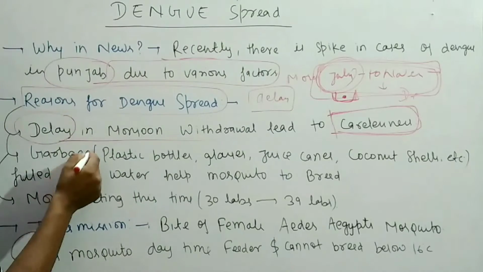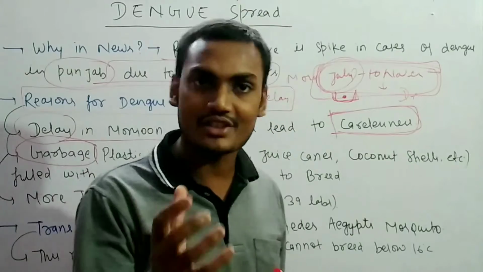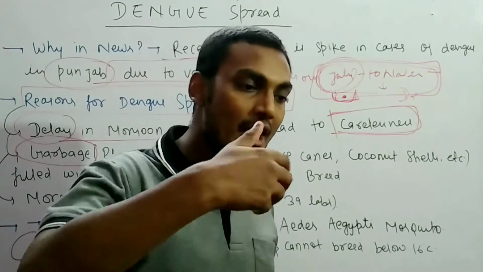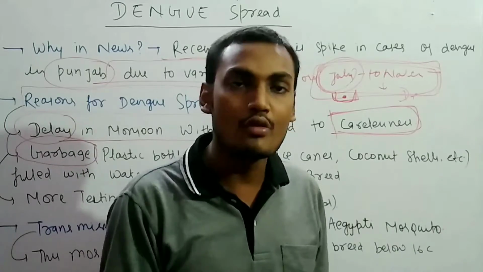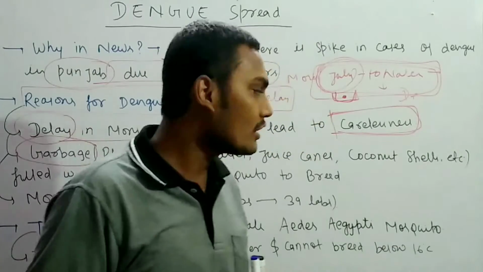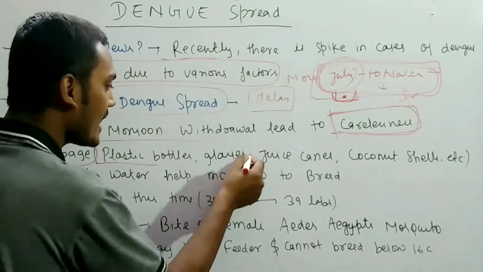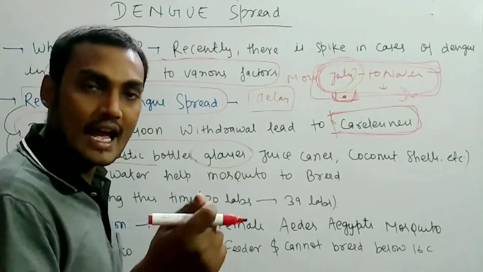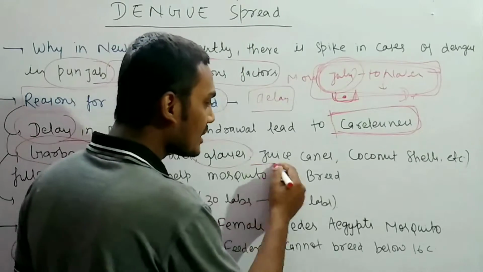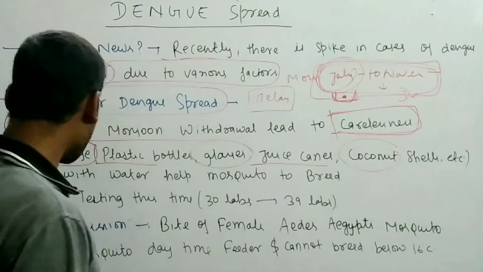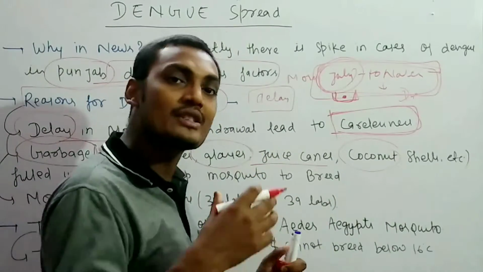Another very important factor is garbage. Why garbage? Because garbage collected by the municipality is put in particular areas where it is recycled or reused. There you find plastic bottles, plastic glasses used for tea, juice cans, coconut shells, etc. These sometimes fill with water, which may be quite dirty or sometimes pure.